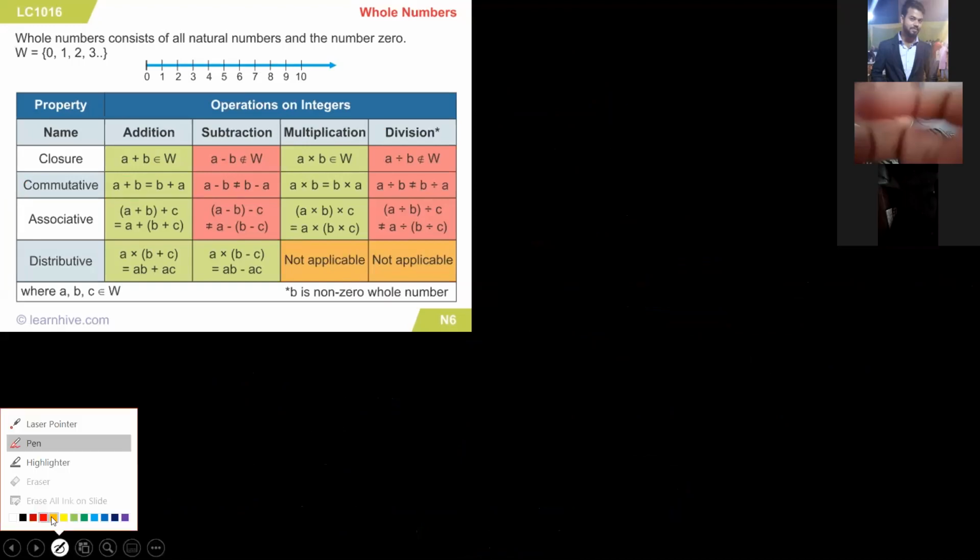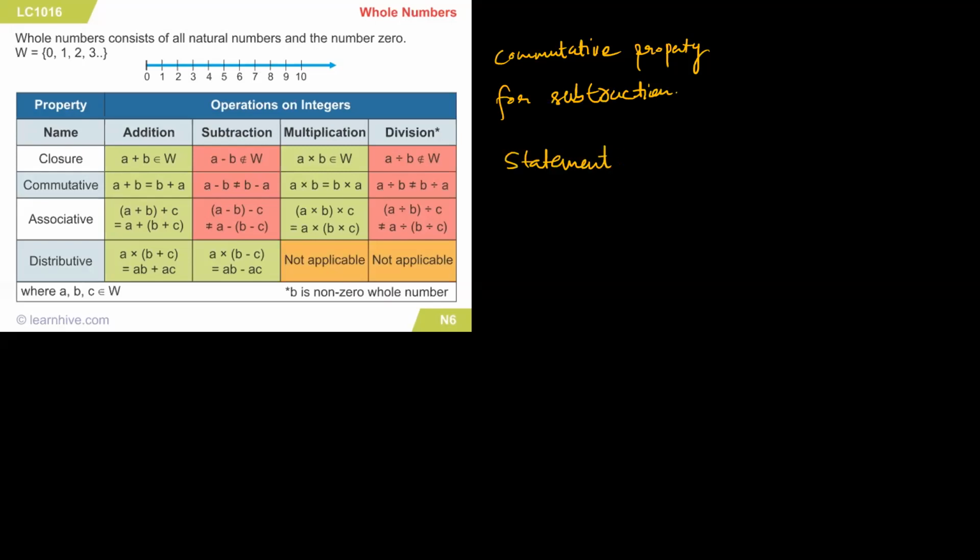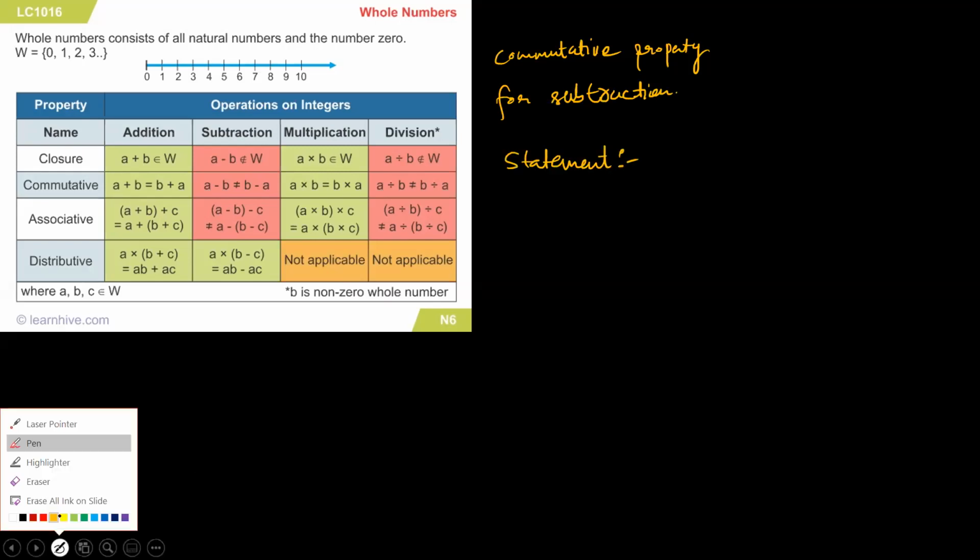Next, I will discuss commutative property for subtraction. For subtraction, this property says, first of all, what is this statement?